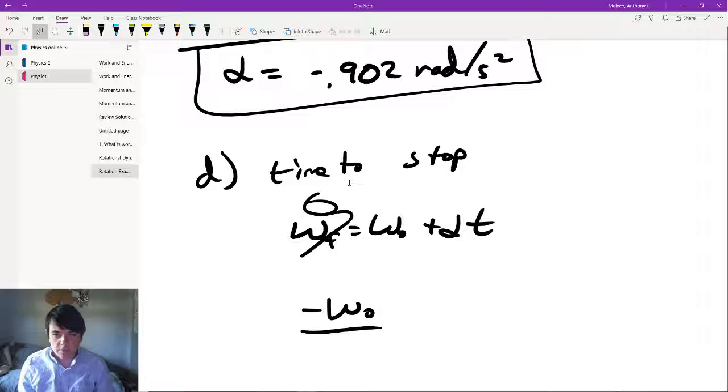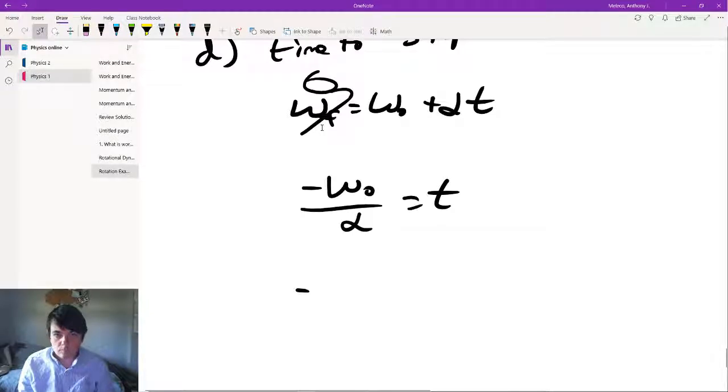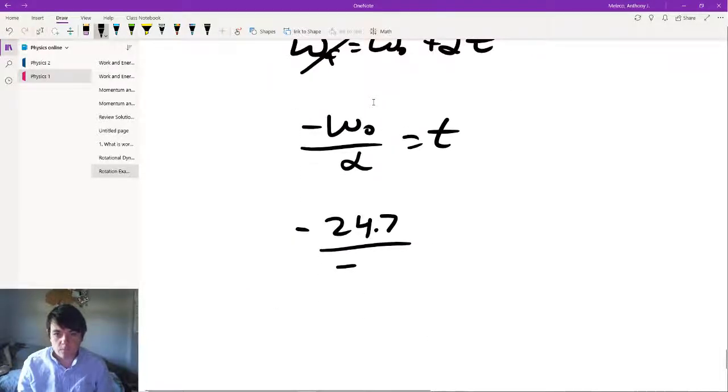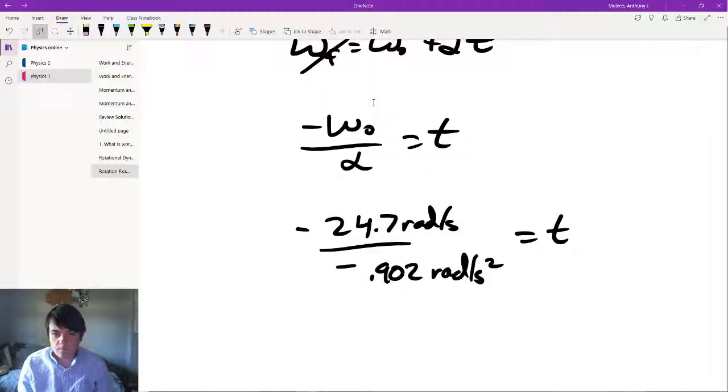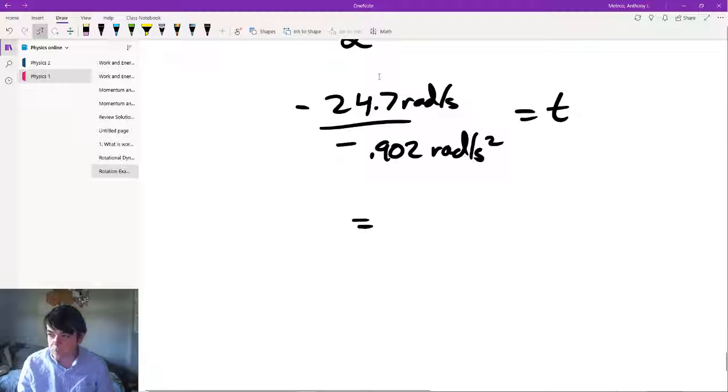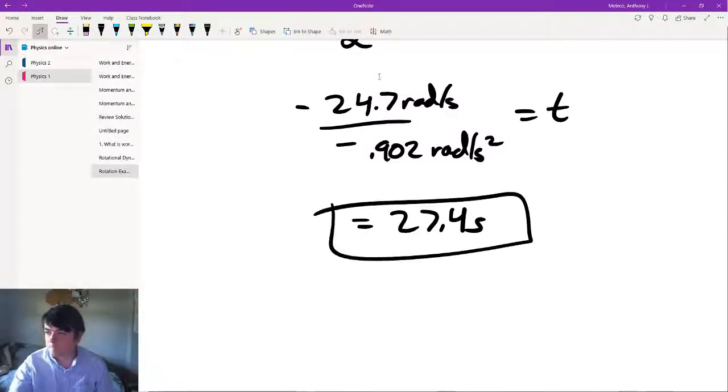So we get minus omega over alpha equals t. So it's minus 24.7 over minus 0.902. This is in radians per second over radians per second squared, which will give us units of time and positive time. 27.4 seconds.